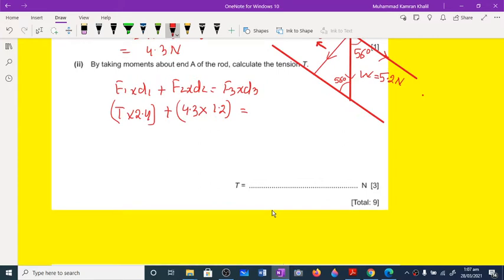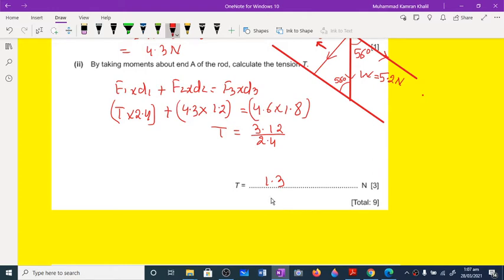So 4.6 into 1.8. So students and teachers, now we just rearrange that and calculate the value. By rearranging and solving, we will get 3.12 upon 2.4, and then the final answer will be 1.3 Newton. The unit is already given.